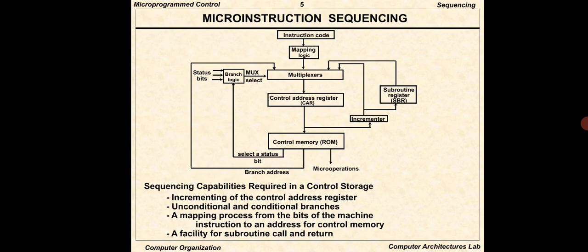One more important question he may ask you in the exam is your micro instruction sequencing, or conditional branch sequencing. Whenever he asks you this question, you need to draw this particular block diagram and explain it.